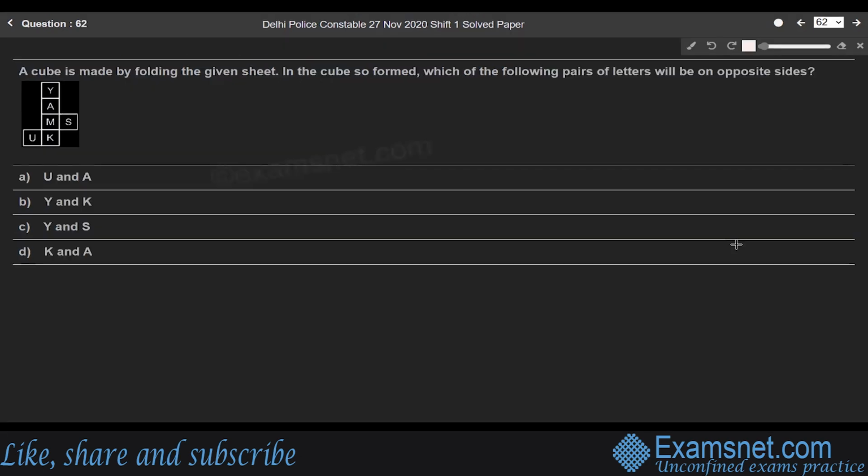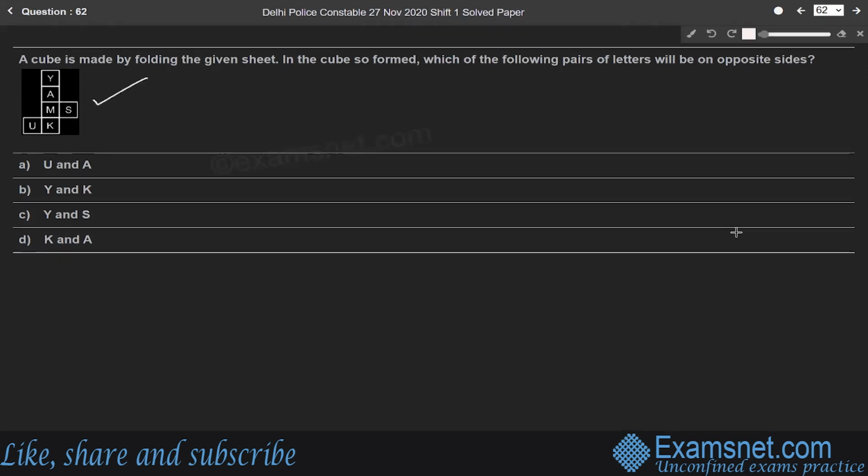Question 62. A cube is made by folding the given sheet. In the cube so formed, which of the following pairs of letters will be on opposite sides? So the given sheet is like this. If it is folded as a cube, like this, Y part will be on top.